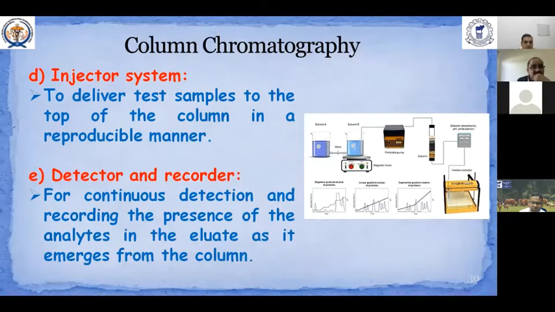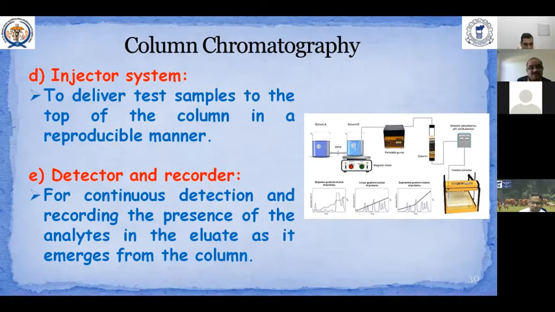Another part of column chromatography is the injector system that delivers the test sample to the top of the column in a reproducible manner. Then another component is the detector or recorder, which detects the presence of analytes in the eluate as it emerges from the column.